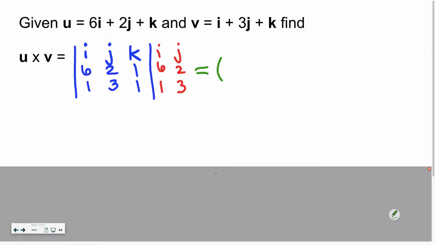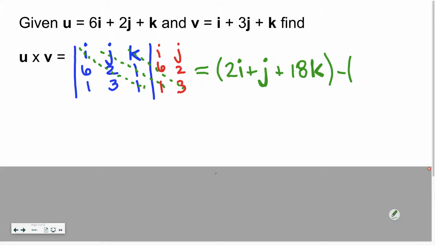Okay, so let's first start with our down diagonals. i times 2 times 1 is 2i, plus j times 1 times 1, plus k times 6 times 3. Then we will subtract our up diagonals. So 1 times 2 times k, plus 3 times 1 times i, plus 1 times 6 times j.